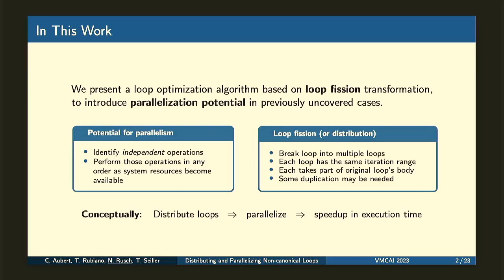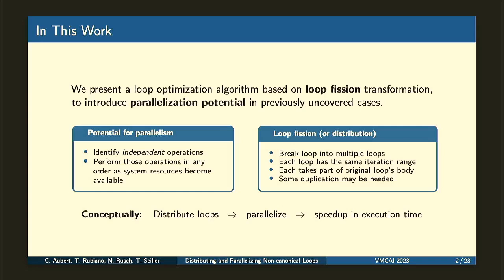And parallelization potential has this idea that if we can identify independent statements in a program, then we can have the hardware execute those statements at the same time as the system resources become available. So what we are trying to do is increase those opportunities in the program.